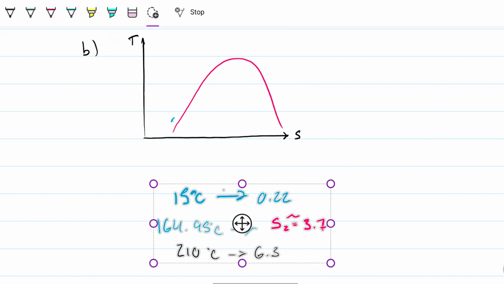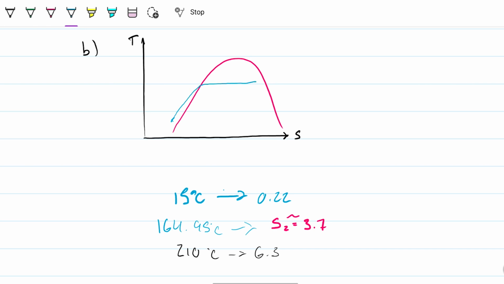All right, so in a TS diagram, we have our dome, just like on the PV diagram, and we have our lines for the same pressure that go along this side here, and then they go like so, and then they go up like so.